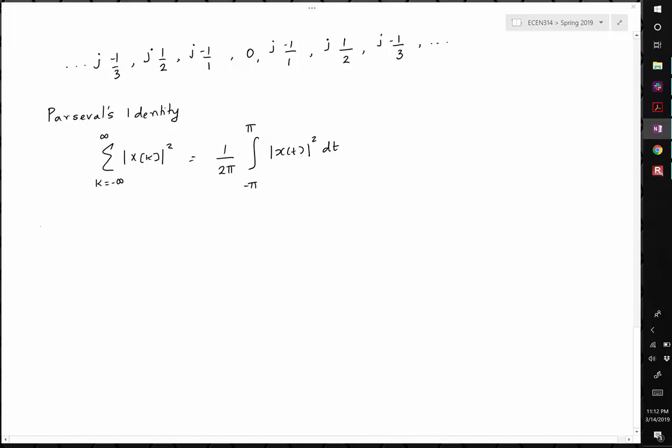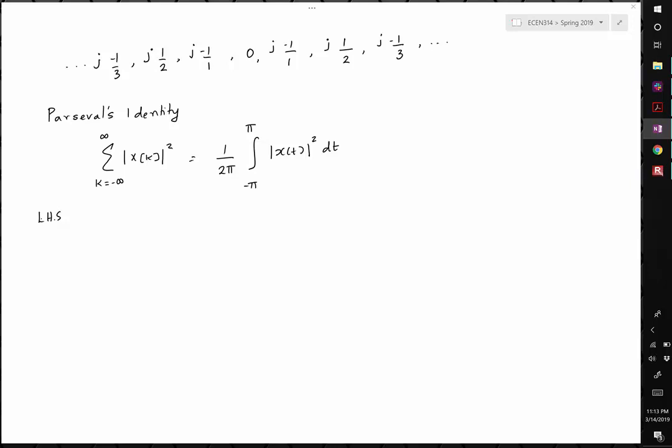Now let's look at the left hand side here and notice what I get when I take the magnitude of x of k squared. Let's start with k equal to 0. When k is 0, the magnitude of x of k squared is 0. But when k is 1, it's 1 over 1 squared.